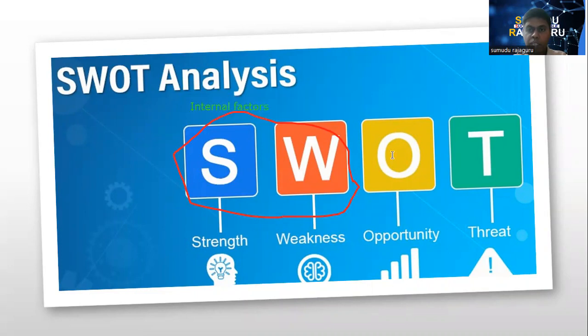When coming to opportunities and threats, opportunities is an external factor for the person or organization. Threats is also an external factor for the person or organization. So we have to keep in mind that strength and weakness are internal things, and opportunities and threats are external things.